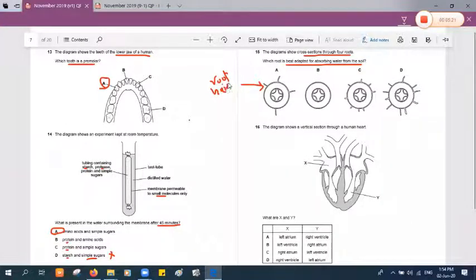Okay, and root hairs here, you know their function to absorb water and to increase the surface area. So which diagram will you choose? The diagram that have no root hairs? Of course, no. The diagram that has low root hairs?